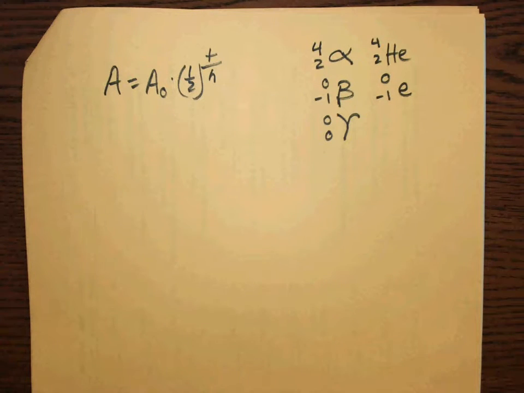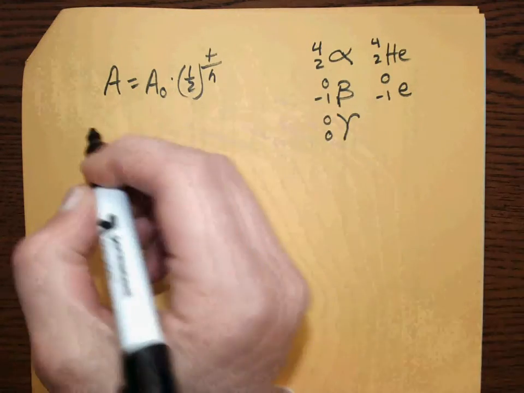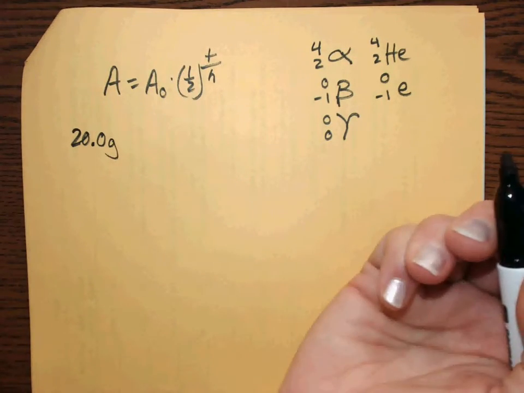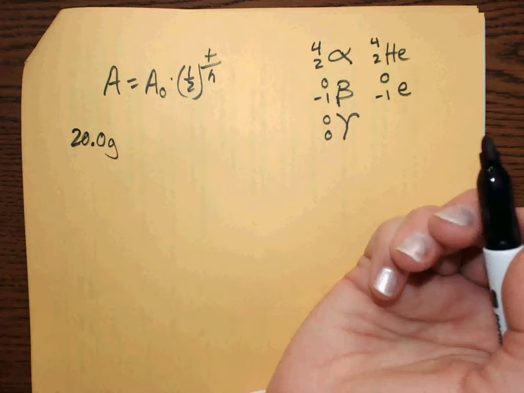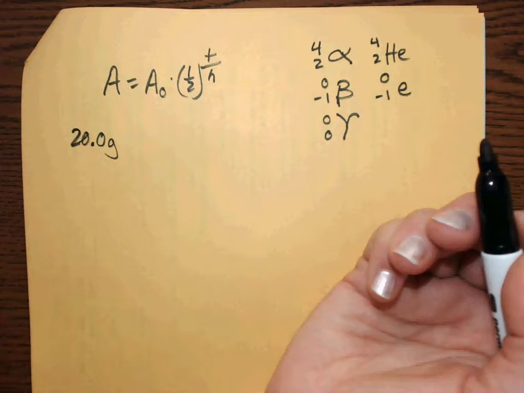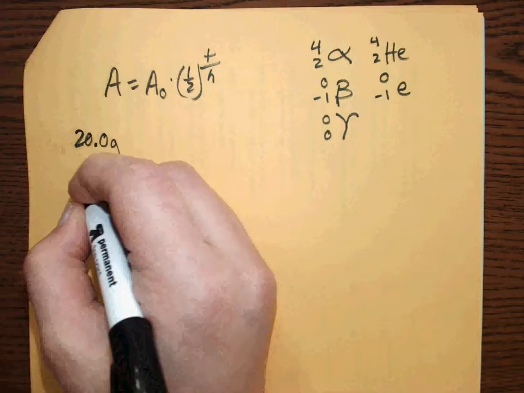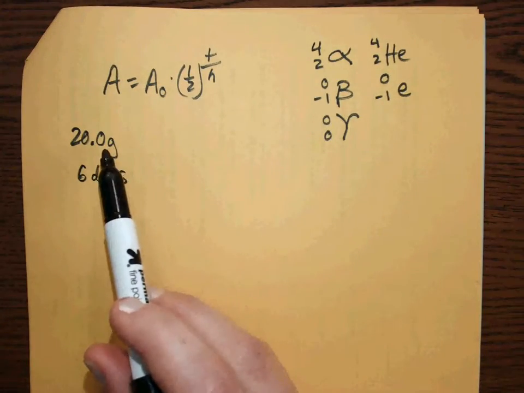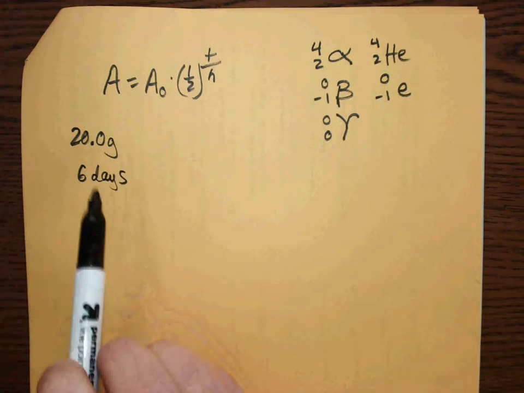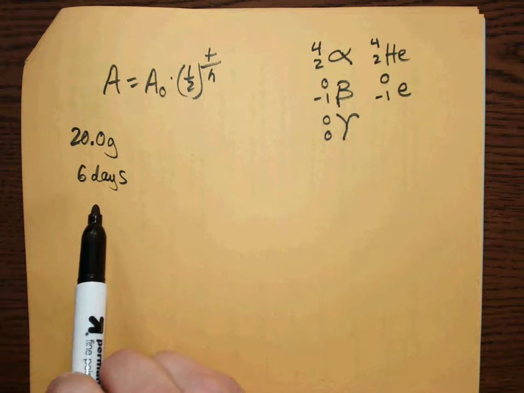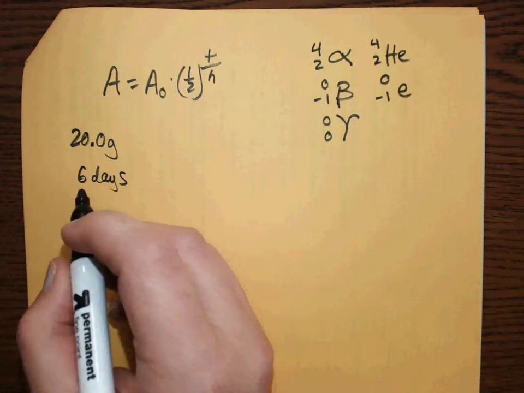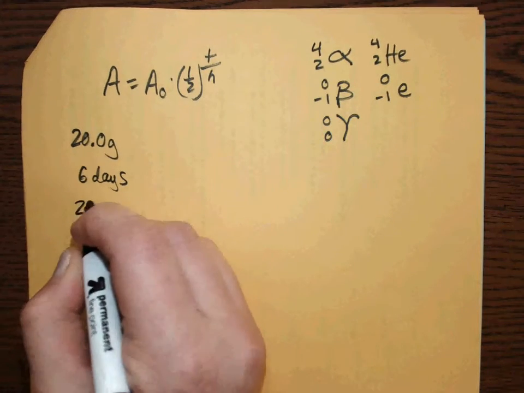Okay, so say for example, you were given 20 grams of a certain medicine, and you were told the half-life of this medicine was 6 days. Meaning every 6 days this substance breaks down and decays to half its size. So you wanted to know how much of this substance was left after, let's say, 24 days.